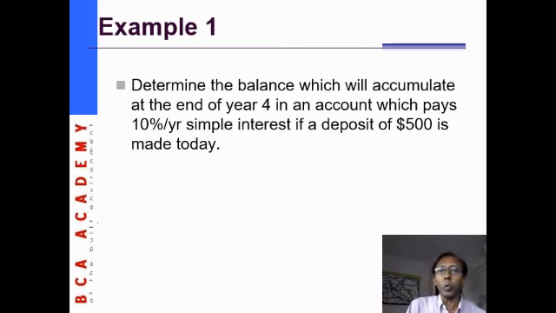How much will be the money? I start with $500 and I assume that the bank is going to give me 10% per annum. But it is not going to be cumulative. It is simple interest. So can you please calculate it now?